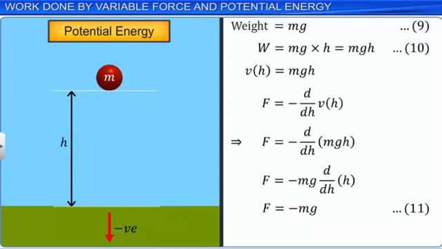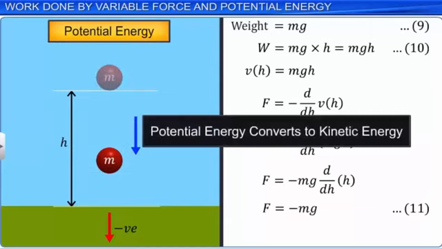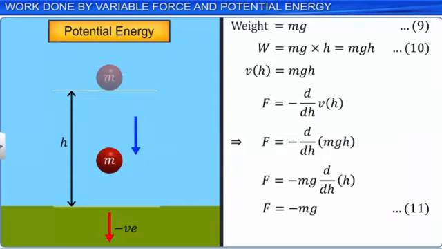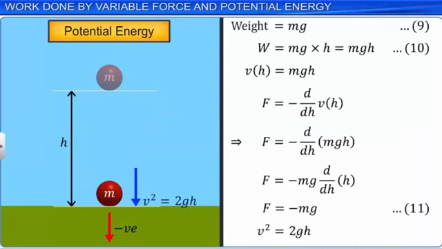Hence, when released, the body comes down with increasing speed, converting its potential energy into kinetic energy. The body strikes the ground with the velocity v denoted by the expression v square is equal to 2gh.